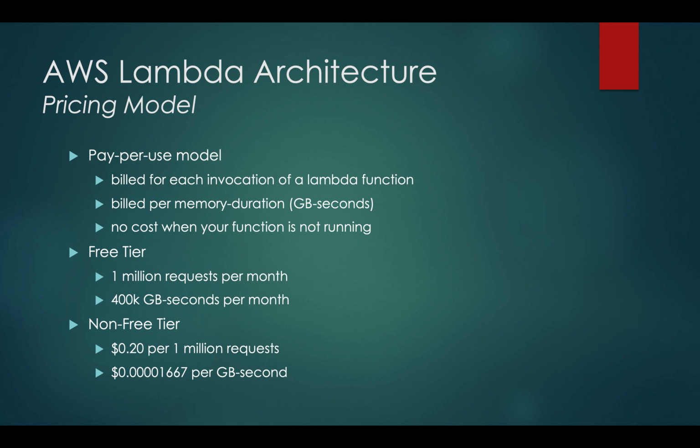That sounds complicated, but what it really means is that you're billed for the duration that your Lambda function runs in increments of 100 milliseconds, and your price per second will go up based on how much memory you have allocated to your Lambda function. So they wrap this up in a nice metric called gigabyte seconds.